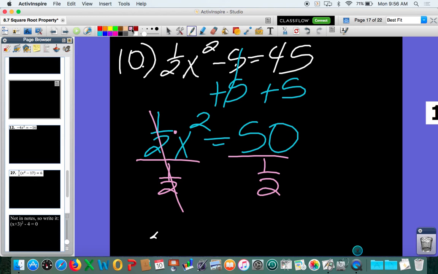Please remember, when you're typing this in your calculator, you need to make sure you type it in something along the lines of this will be 50 divided by 1/2. If you don't type that in, you might get a weird answer. So please keep that in mind. This one will work out just fine, but there are other ones that won't work out. So please, please, please make sure you always use your parentheses for whatever you're dividing by.